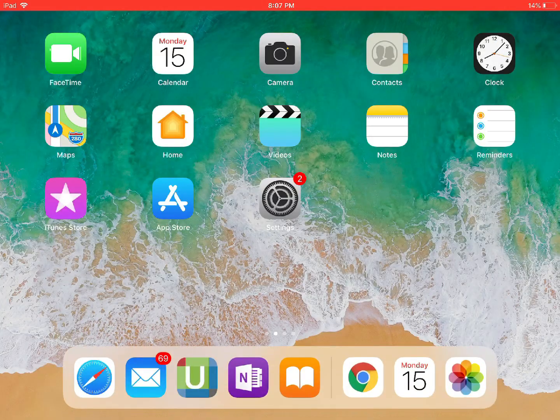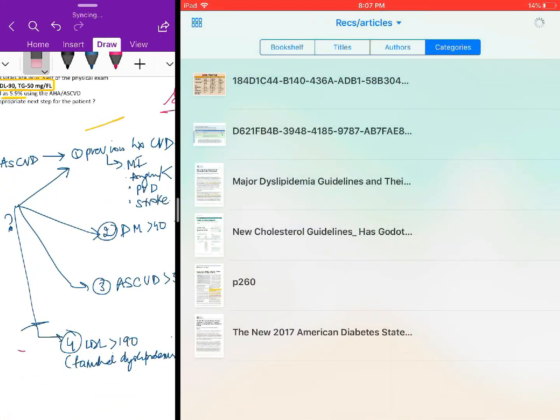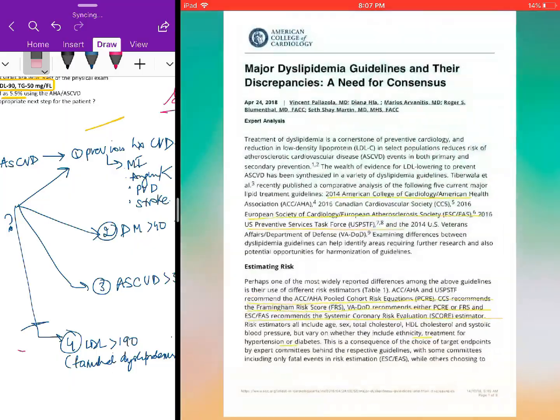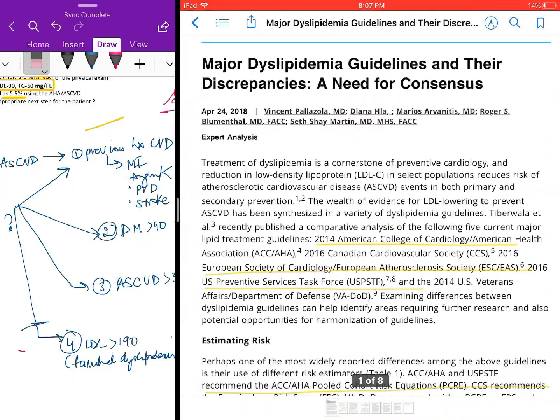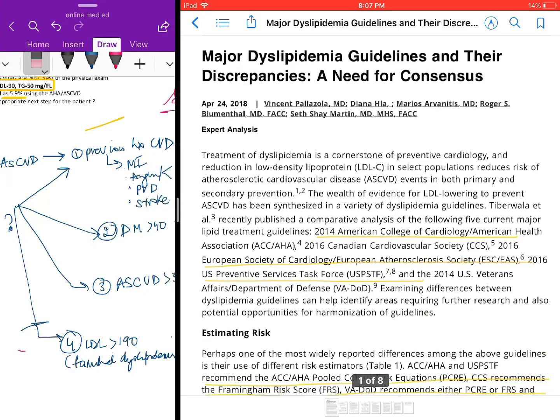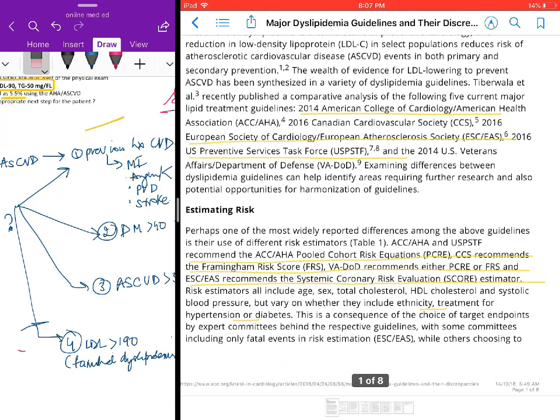And for that, let me just pull out this really interesting paper on the major dyslipidemia guidelines in the US and their discrepancies. Now, like I said, for the purpose of the exam, you just need to know the AHA guidelines, the ones we just talked about right now, and you'll be able to answer most of your questions using them.